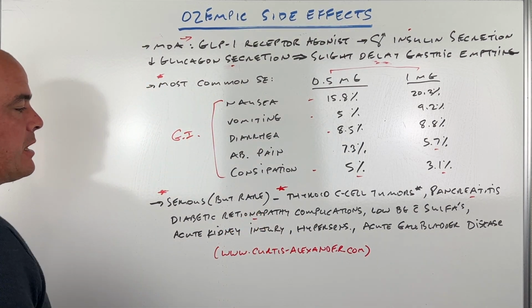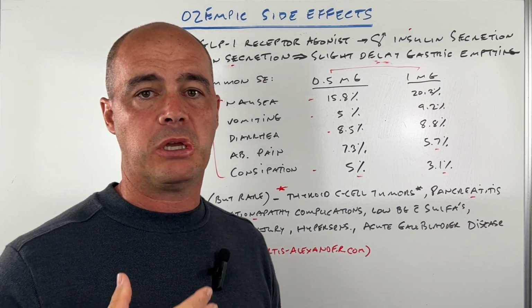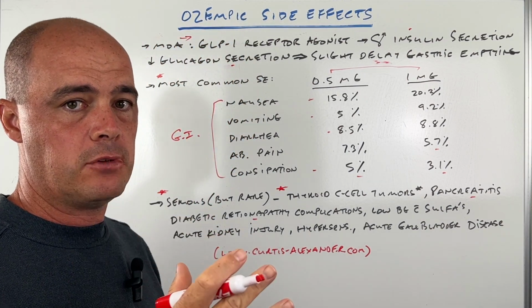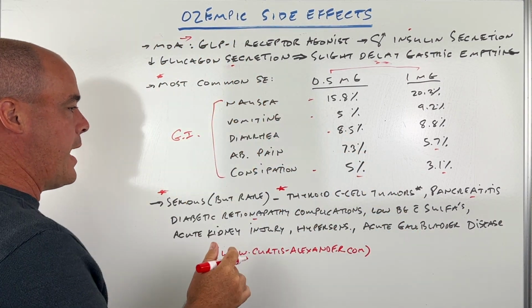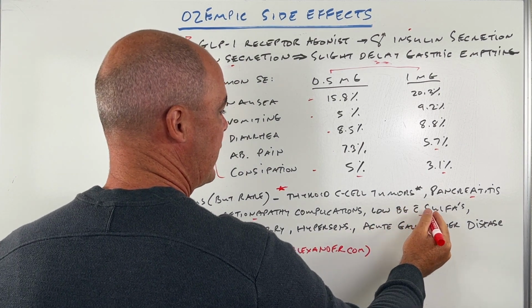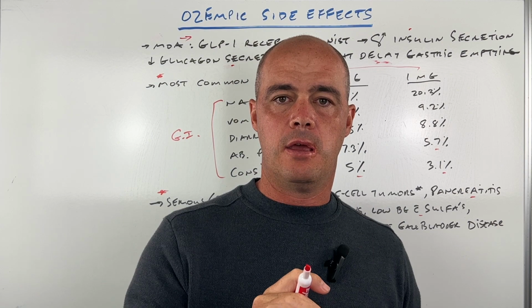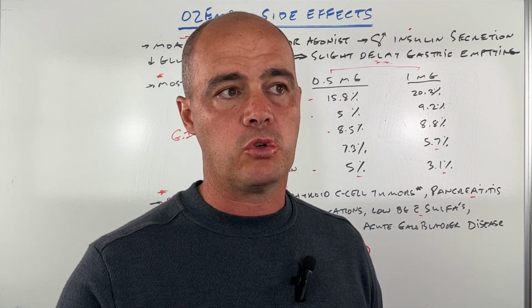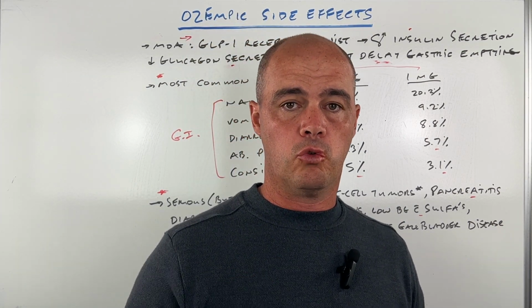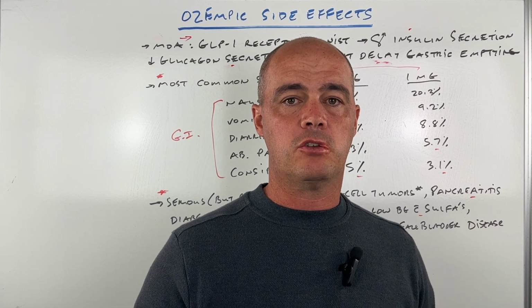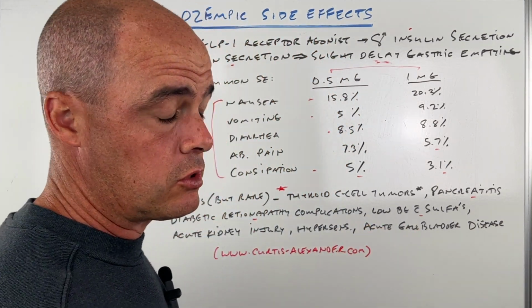If you have diabetic retinopathy, we can see complications. We can also see low blood glucose, low blood sugars when Ozempic is given along with something like a sulfonylurea, which are some diabetes medications that cause more insulin release.